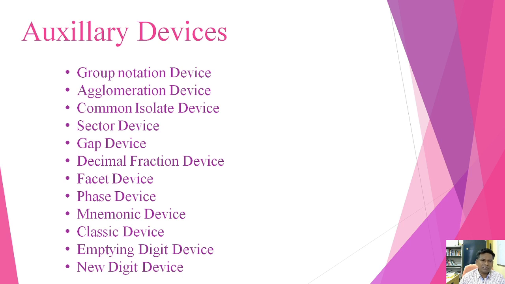Under the auxiliary devices: group notation device, agglomeration device, common isolate device, sector device, gap device, decimal fraction device, facet device, phase device, mnemonic device, classic device, emptying device, new digit device. But we are not going into depth into these devices.